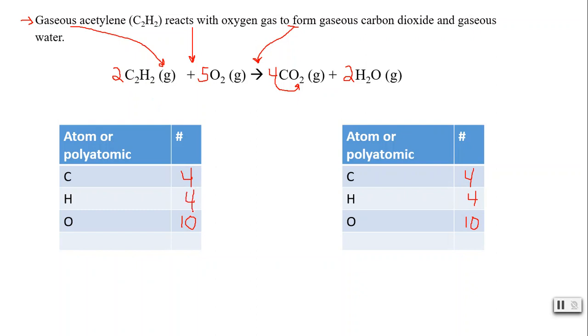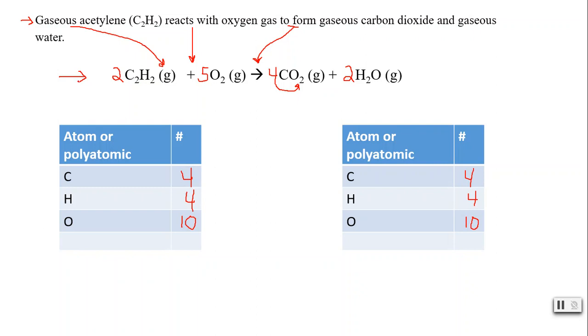And hey, look at what we have now. I've got 4 carbons, 4 carbons, 4 hydrogens, 4 hydrogens, 10 oxygens, and 10 oxygens. So this is our balanced chemical equation for this combustion reaction.